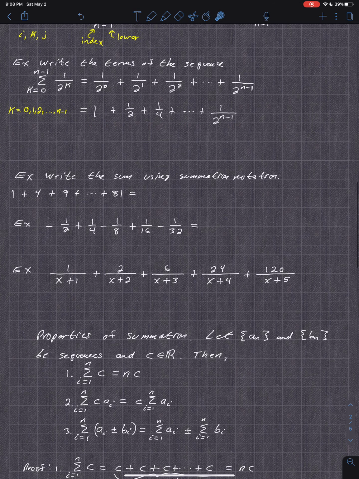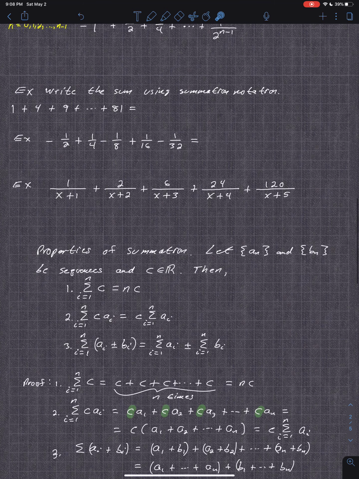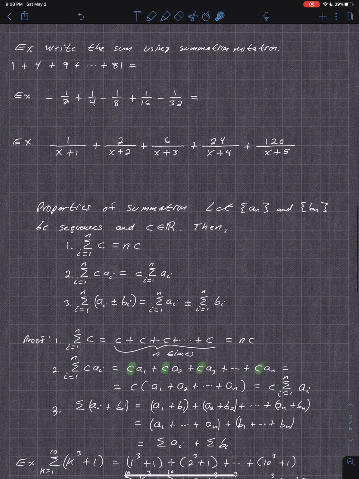Okay, so let's work on these. This is going backwards, basically. This is write the summation notation. Okay, so let's look at these examples. Write the sum using summation notation. So that's what we want to do.